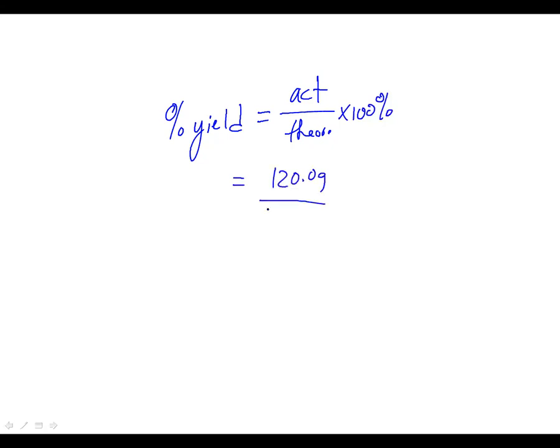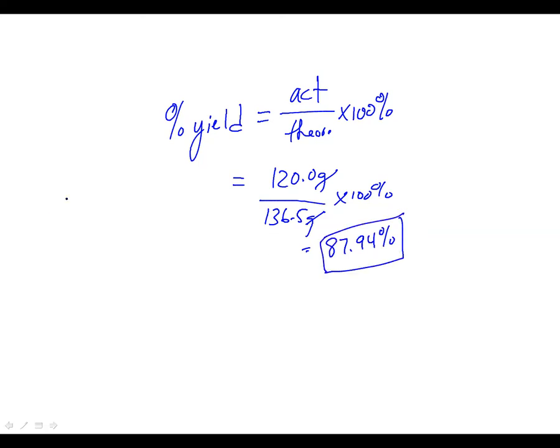Our theoretical was 136.5. We're going to times it by 100. This is why we want the units to be the same, and that way they cancel out correctly. That gives us 87.94% yield. Not too bad, not the greatest. That would be our percent yield.